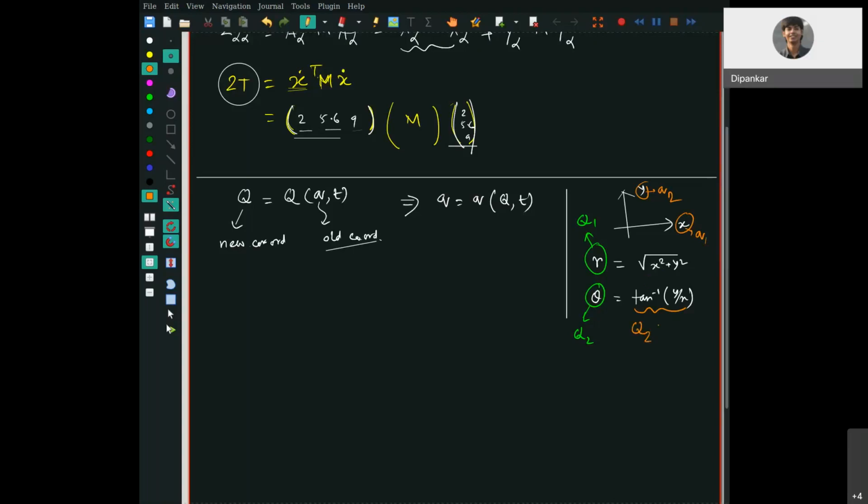Now you see the connection between this and this. I have a set of old coordinates and a set of new coordinates, and the new coordinates can be expressed as a function of the old coordinates. So first you see an example of where this transformation might be relevant.